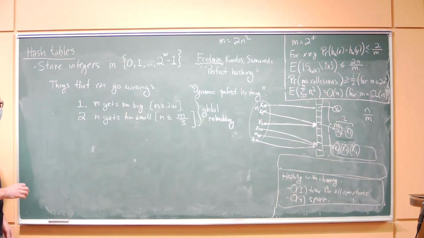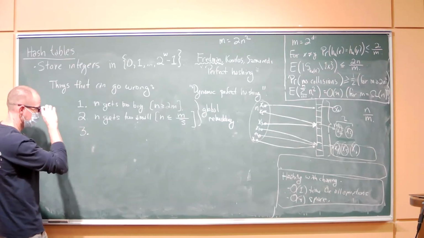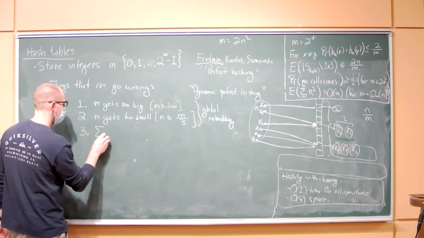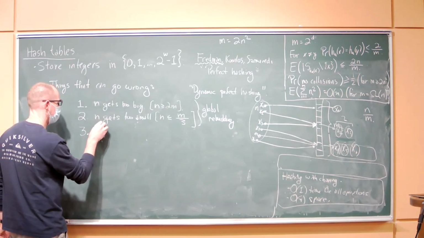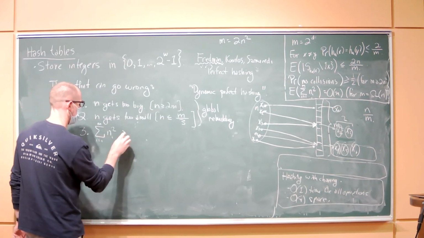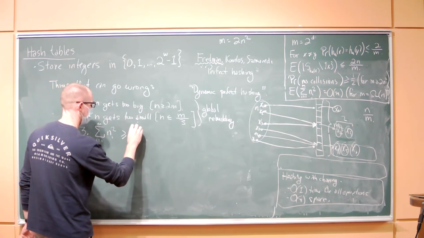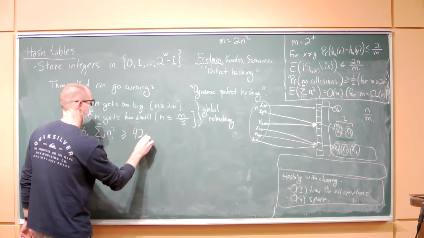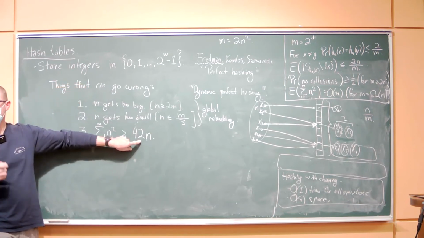Okay. Here's another thing that can go wrong. The sum of i equals 1 to m of ni squared gets too big. I'll say 42n, but this is a joke; it just means bigger than some big constant times n.